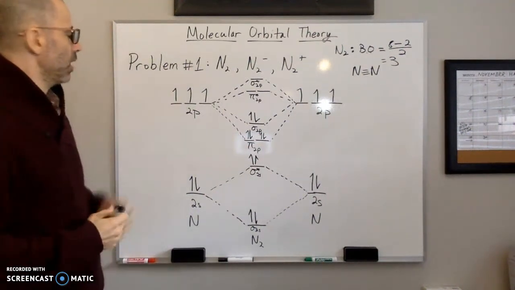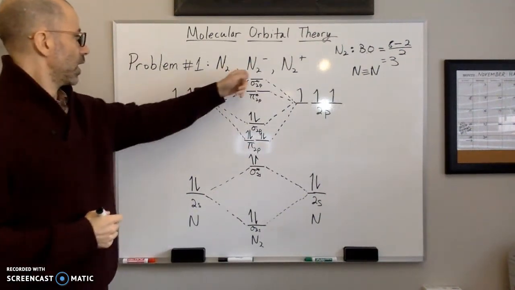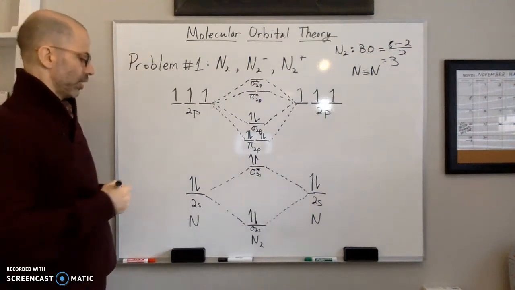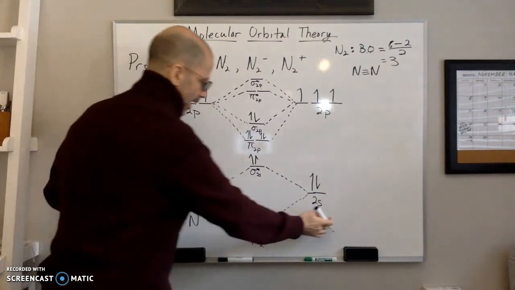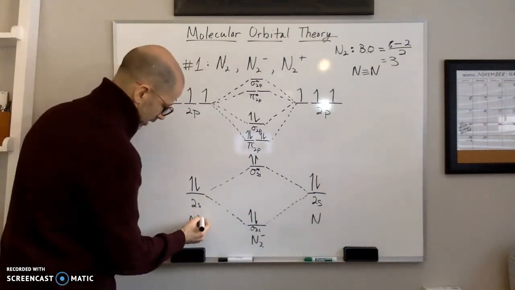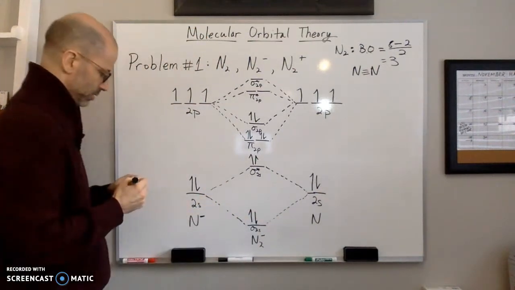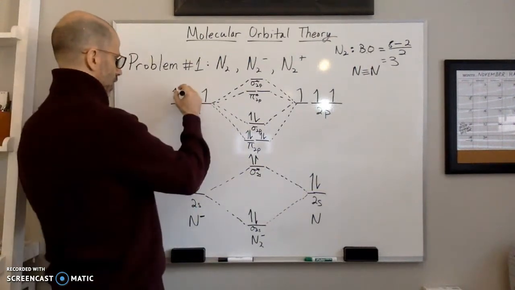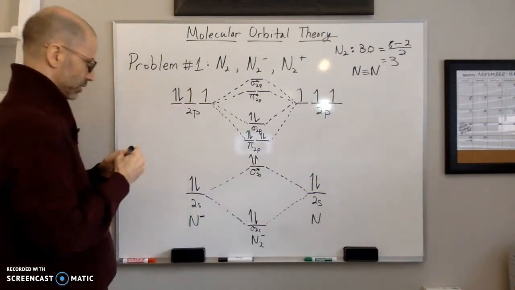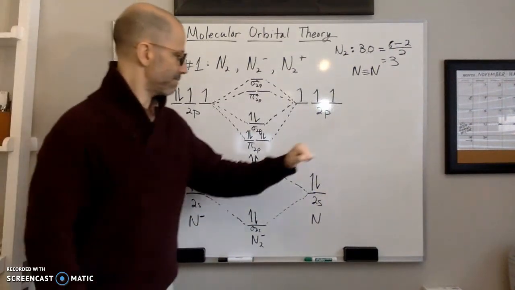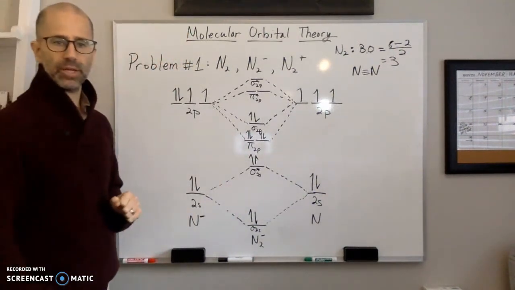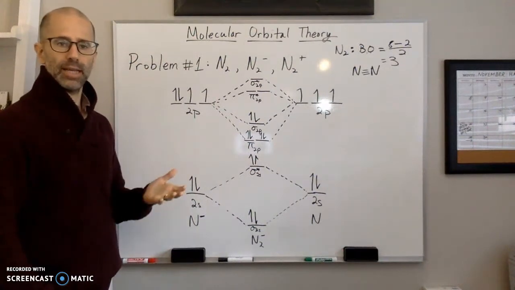Okay, so what about N2 minus? If we have a minus here, that means one of our atoms gained an electron, so we can put it there, and we'll need to pair up one of these. Now we have 6 on this side and 5 on this side, which means a total of 11.